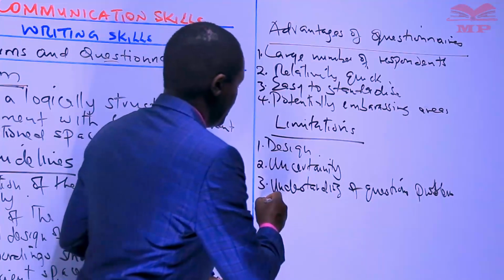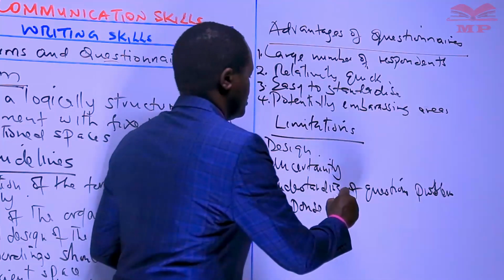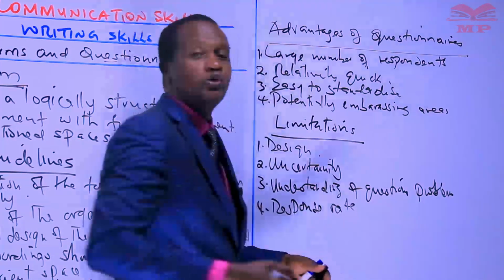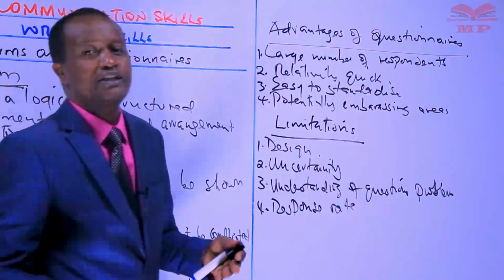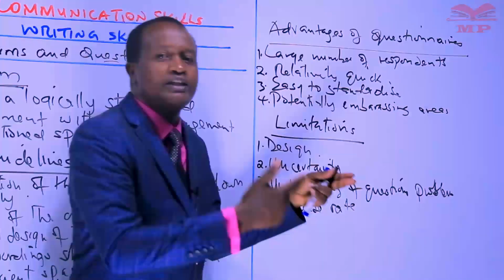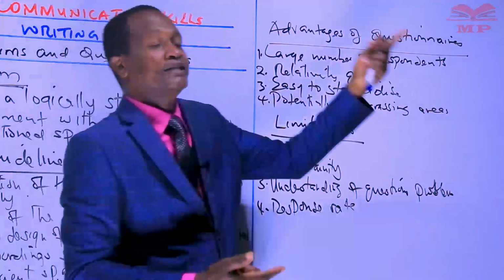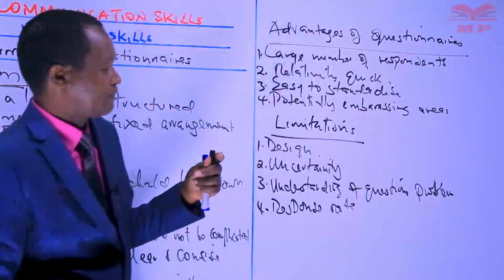Another limitation is in relation to the response rate. That is, the number of questionnaires that are actually returned to the researcher may tend to be very low compared to the ones that were sent to the respondents.